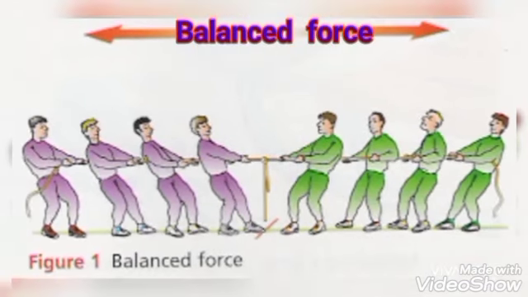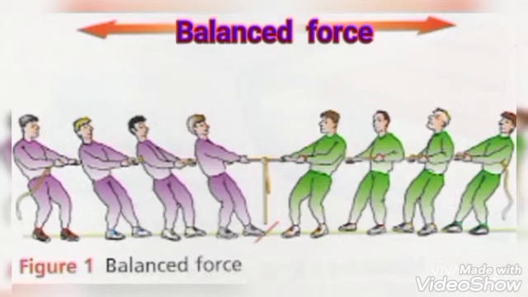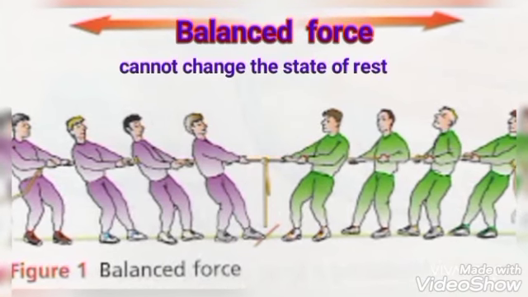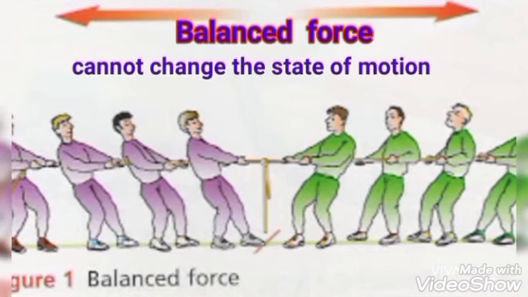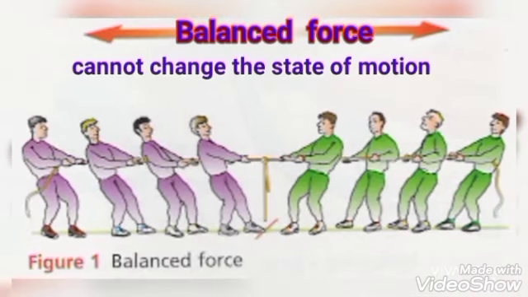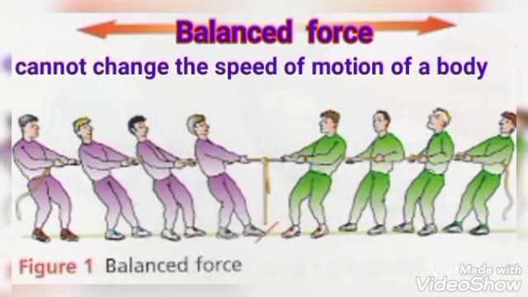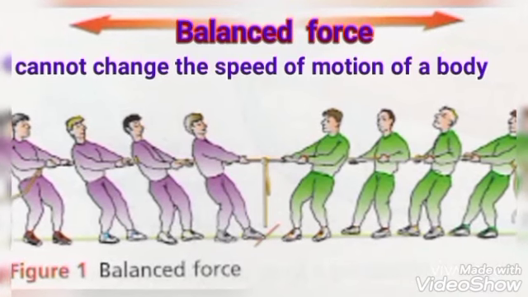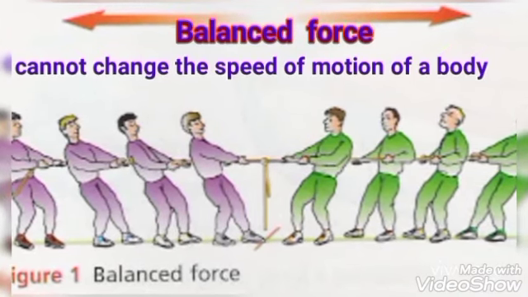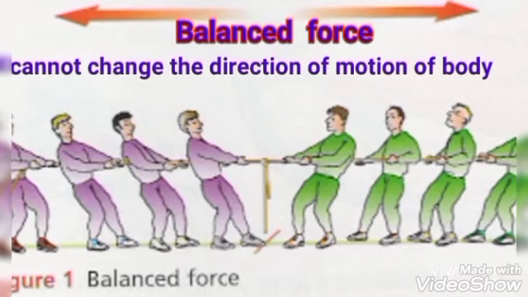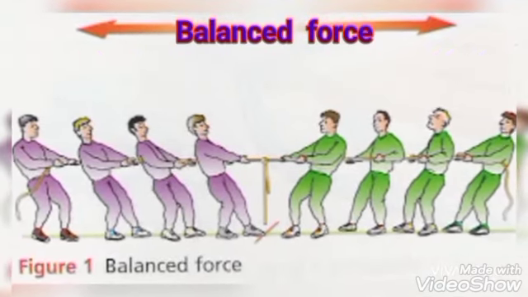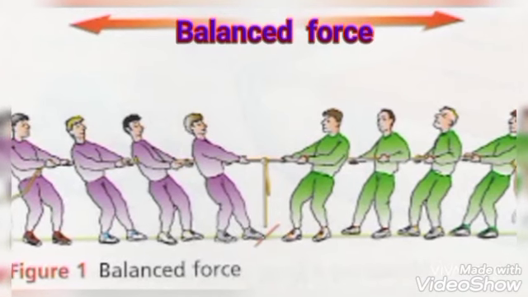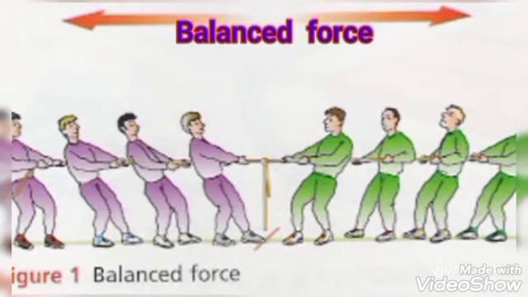So we can say that balanced forces cannot change the state of rest, balanced forces cannot change the state of motion of a body, and balanced forces cannot change the speed of a body. Balanced forces cannot change the direction of a body, but there is an exceptional case in the shape of an object.